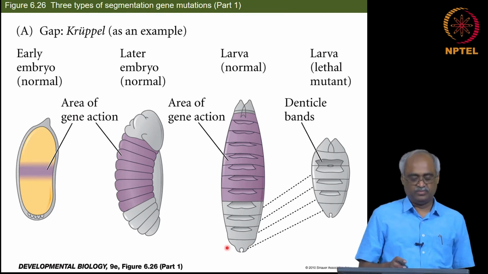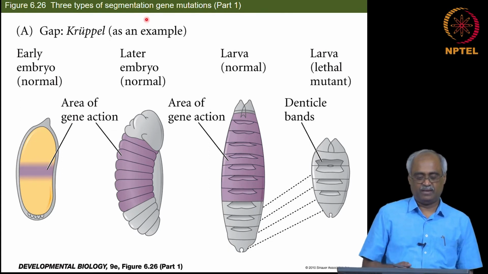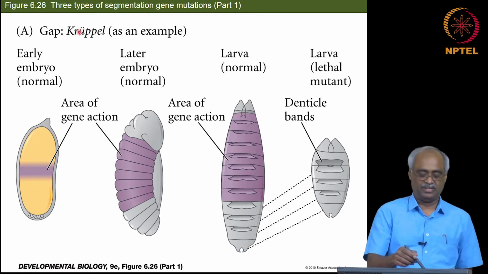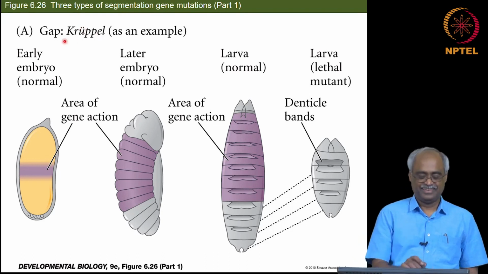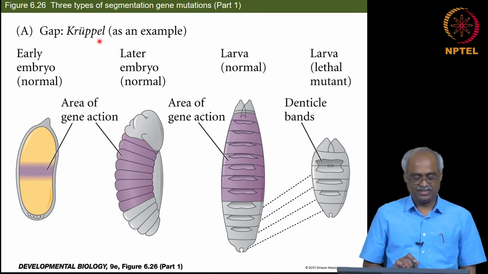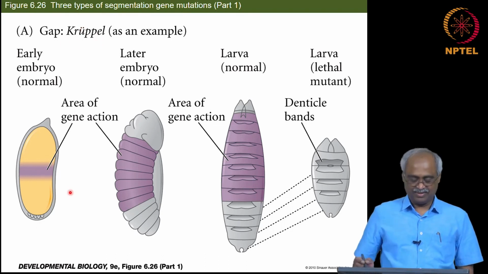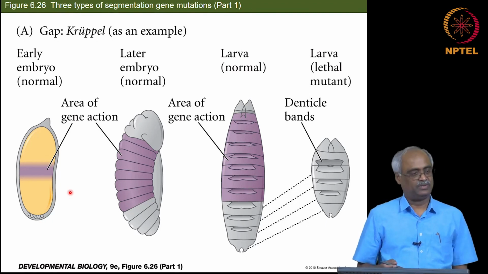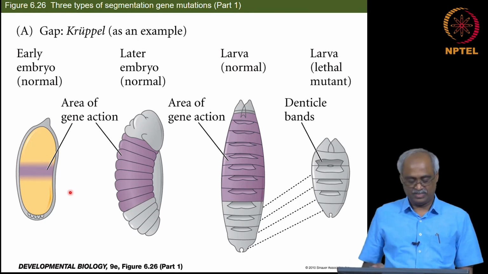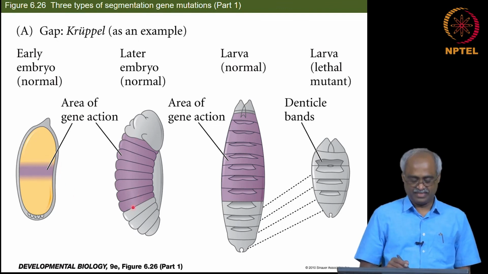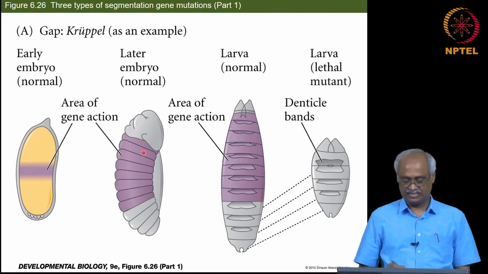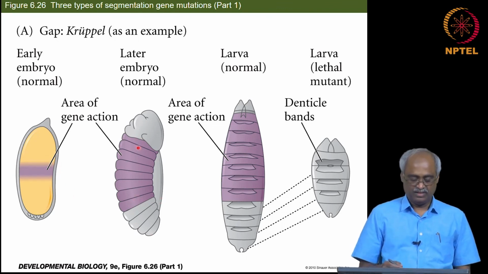One of them is the gap gene Krüppel. I do not know how it is pronounced with the two dots over the U, but I am going to say Kruppel. This is a cartoon showing its approximate region of expression and what happens in the mutant. It is somewhere here, in the segmented region they call the germ band, so it is in these many segments.